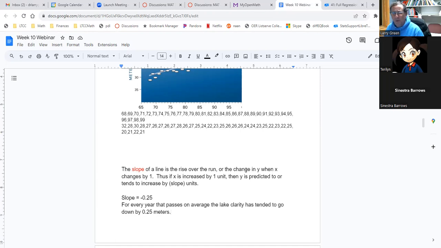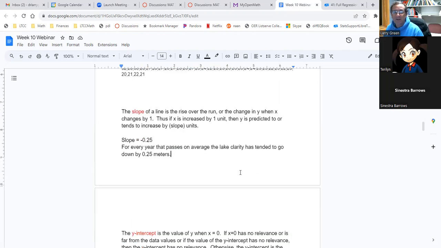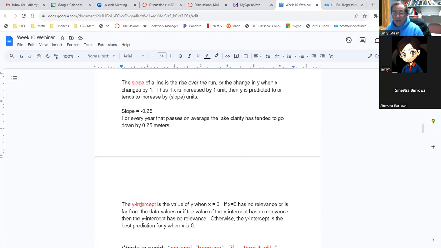Do you remember what the y-intercept means? It's the value of y when x is 0. The slope, by the way, always has meaning, and you can always interpret it. The y-intercept sometimes doesn't have any meaning or relevance.